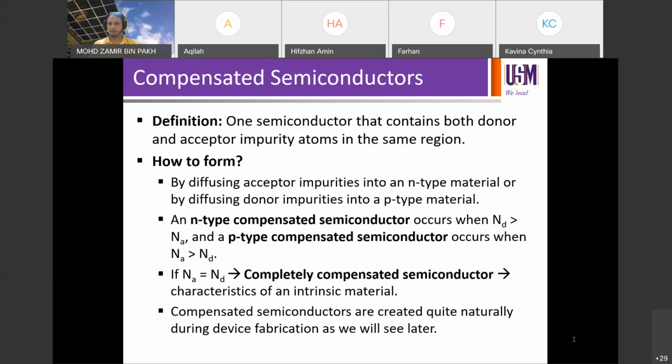How about examples of degenerate semiconductors? Any examples? Zinc oxide, okay. Anything else? ITO, yep.